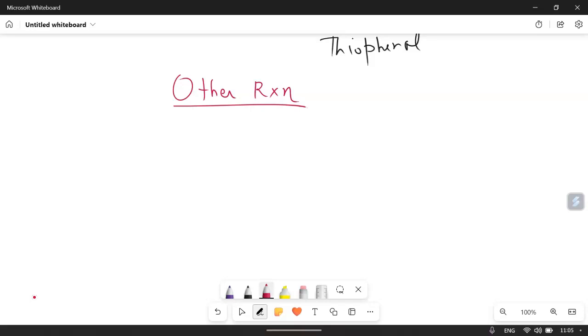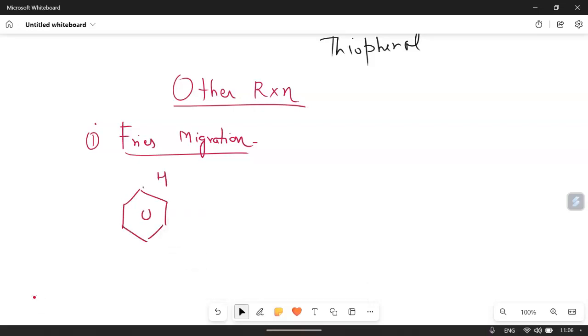Okay, so this is a very important reaction. Fries migration. Let me teach you how to do it. When phenol is acylated, suppose with CH3COCl, it will form ester, right?